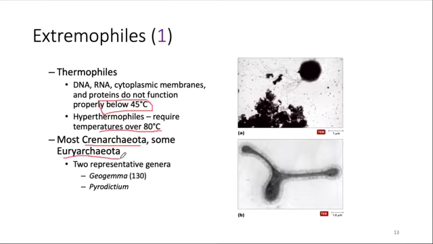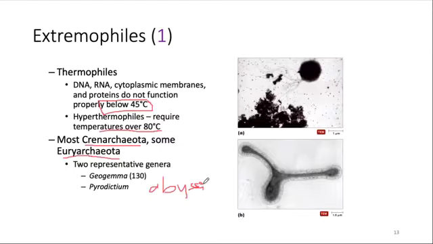There are 2 representative genera, Geogemma and Pyrodictium. An example of the Pyrodictium is Pyrodictium abyssi, and this particular archaea is known to live at temperatures of 110 degrees, extremely hot.